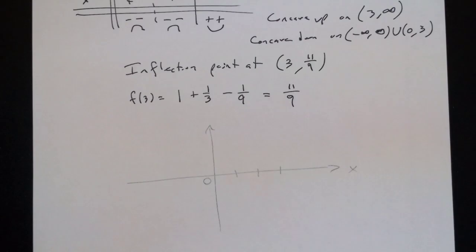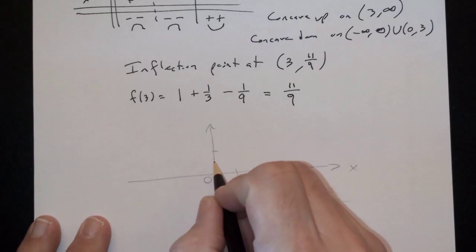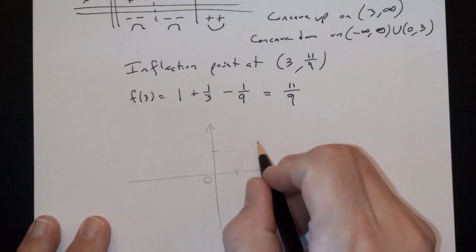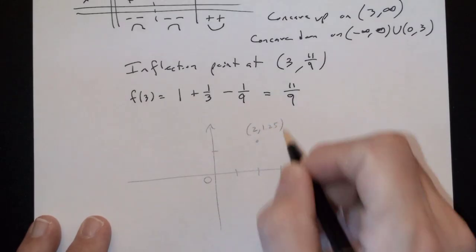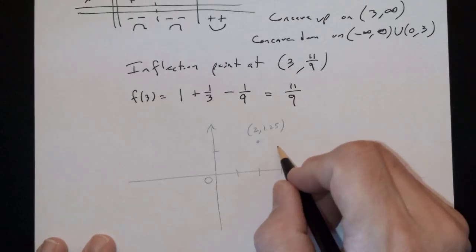I know there's a vertical asymptote at 0. I know the maximum is a value of 1.25 at 2. I know the inflection point is just barely lower than that. 1.2222, oh boy.